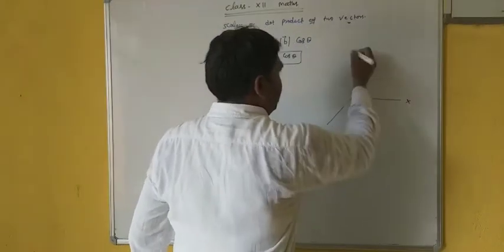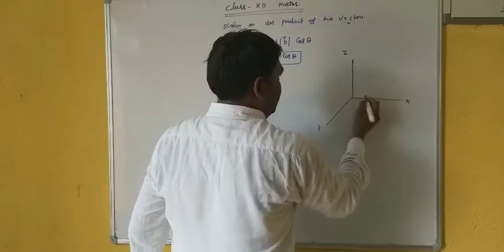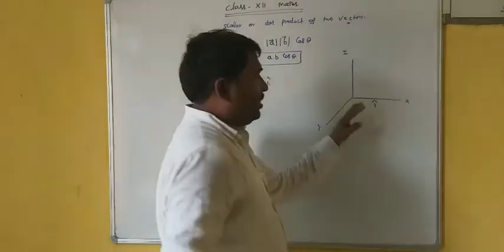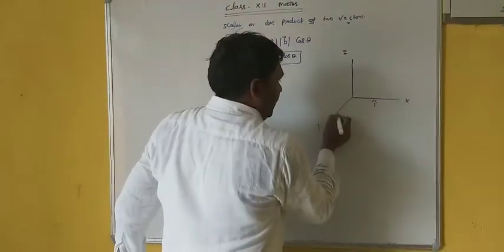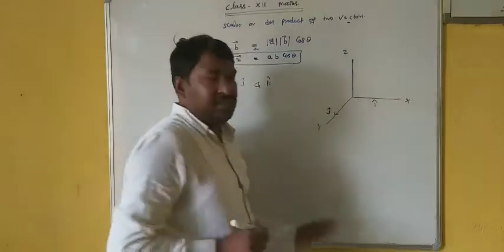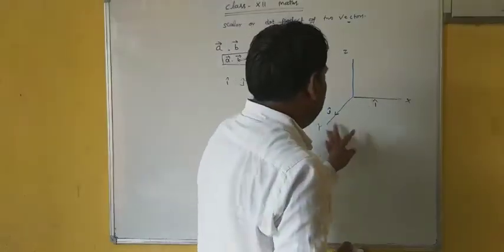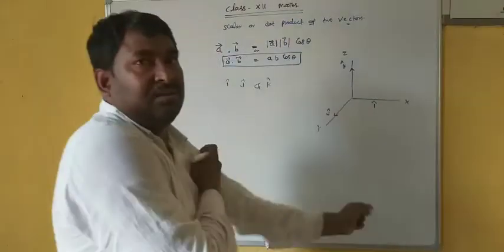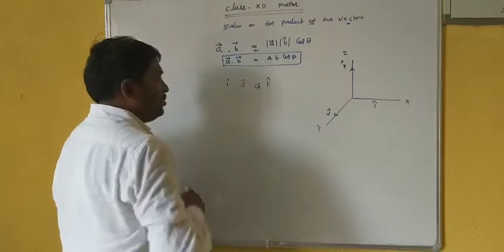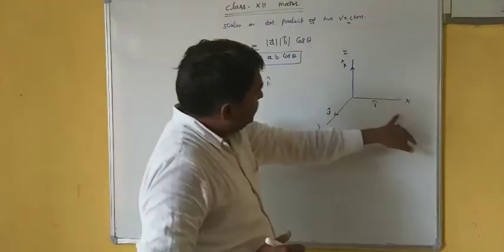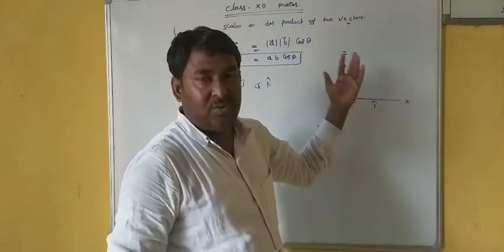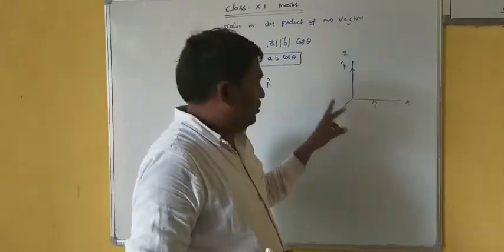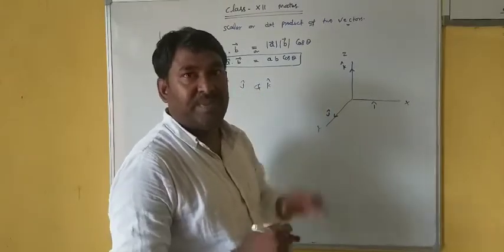If this is the x-axis, this is the y-axis and this is the z-axis, then i cap is the unit vector along the x-axis, j cap is the unit vector along the y-axis and k cap is the unit vector along the z-axis. Since we know that x, y, z are mutually perpendicular axes, and i cap, j cap, k cap are unit vectors along x, y and z axis respectively.